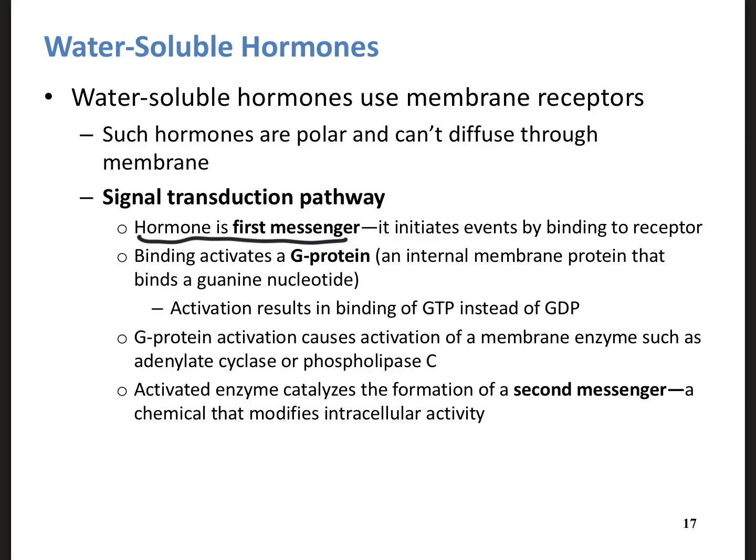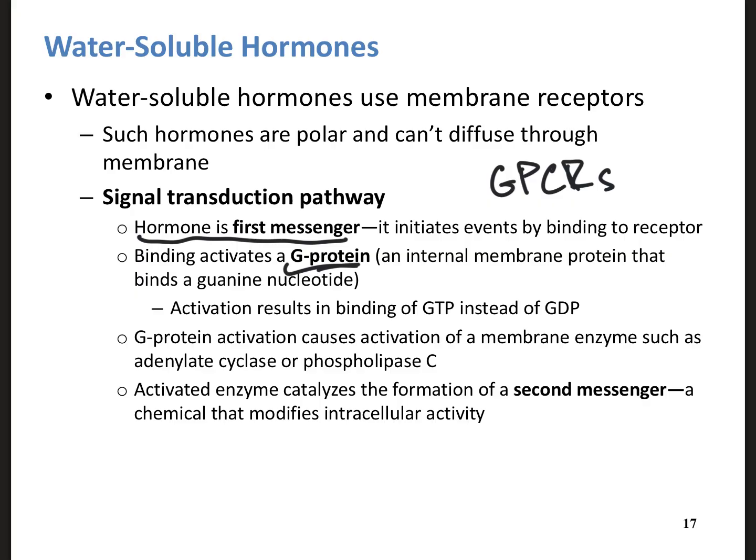Okay? Many times, the receptor is associated or linked, or what we call coupled, to a thing called a G protein. Many of the water-soluble receptors are what we call G protein coupled receptors, or GPCRs. All right, so this G protein is going to end up doing something in response to the receptor being bound to the hormone.